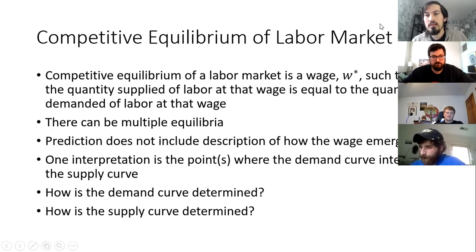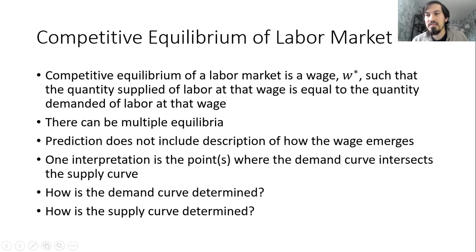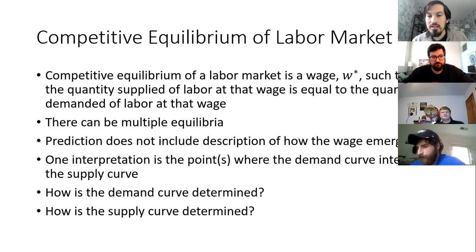And economists tend to believe that these things exist and that they're relevant, but not that we always hit them. We don't always hit the competitive equilibrium. Just because it exists doesn't mean we're currently in that equilibrium.